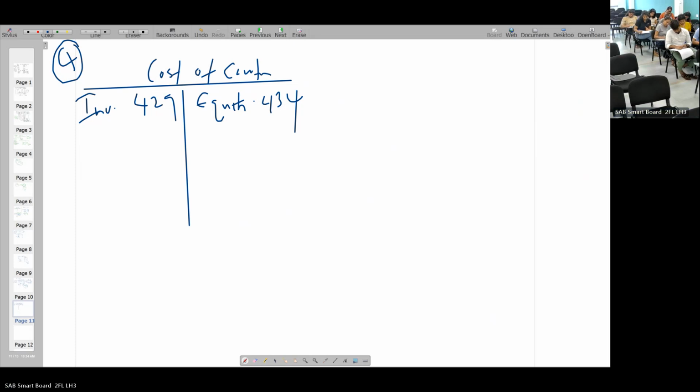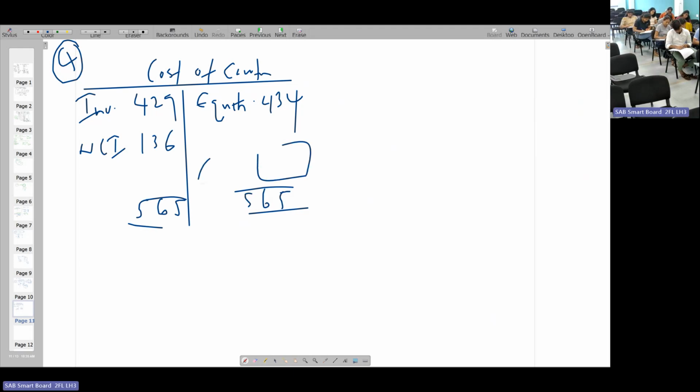NCI 130, double entry: NCI credit, cost of control debit. ඒ පළවෙනි method එක හොඳයි. Goodwill කීයද goodwill එක? Here, 131.